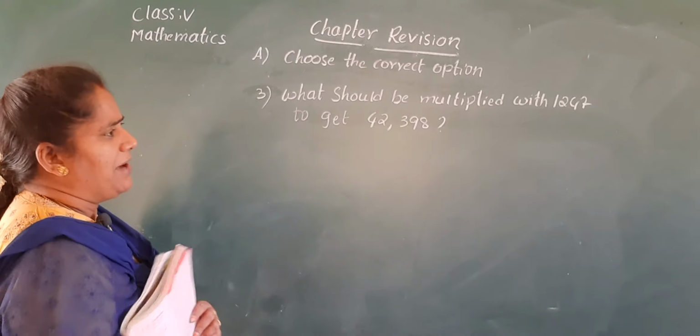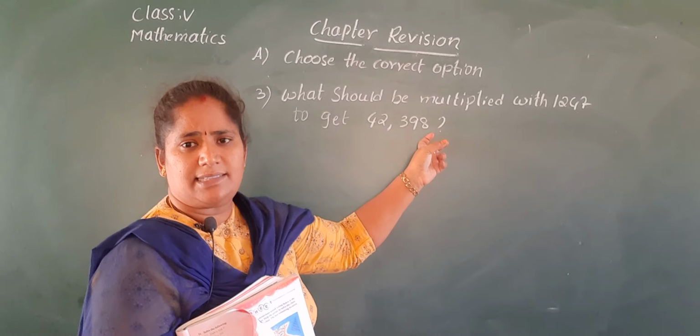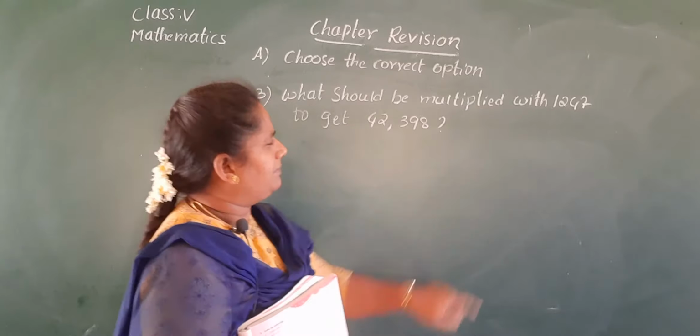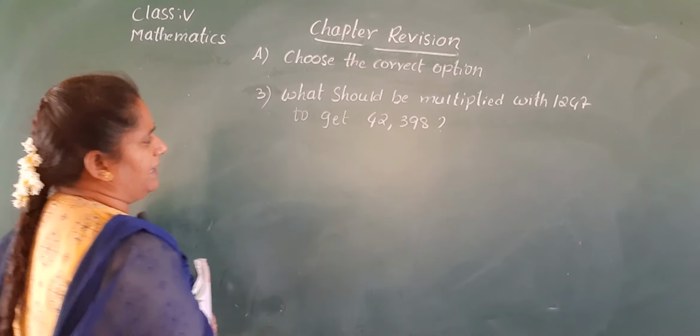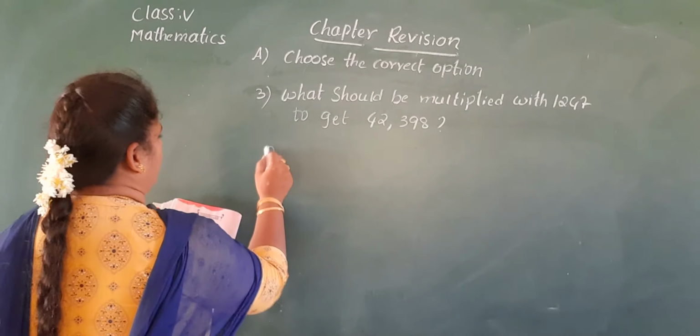Which number do you have to multiply with this number to get this? How do you get that answer? Yes, by doing division. So you divide this number. But they have given the options, so we need not divide.